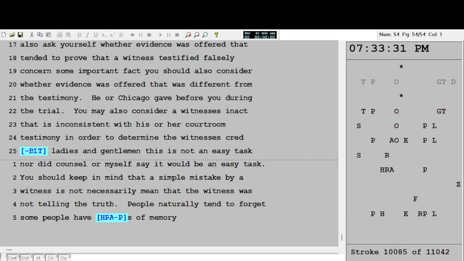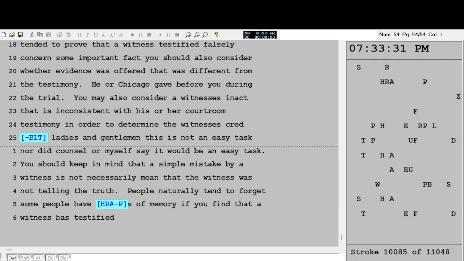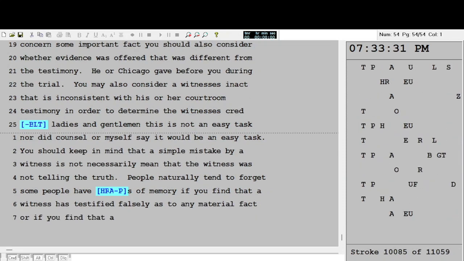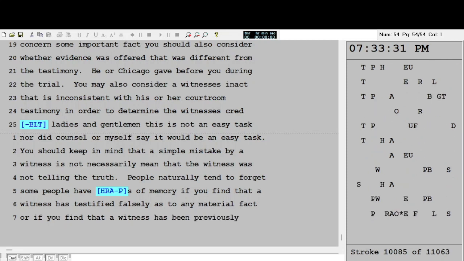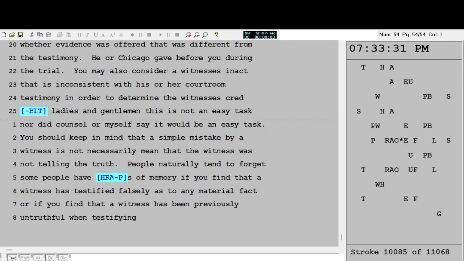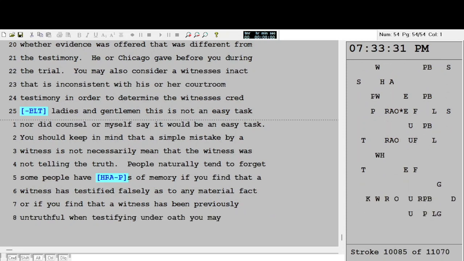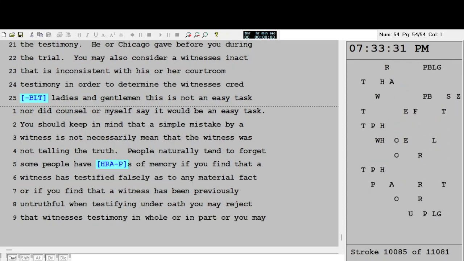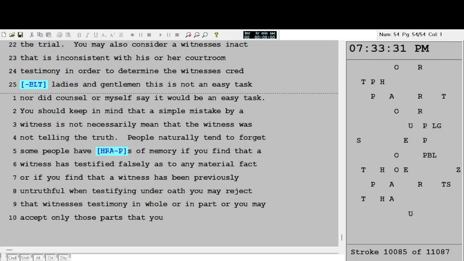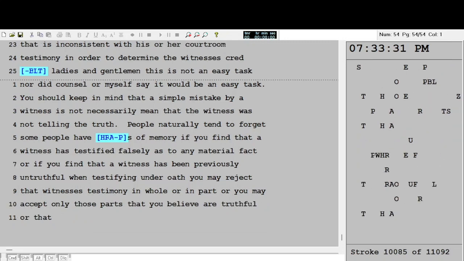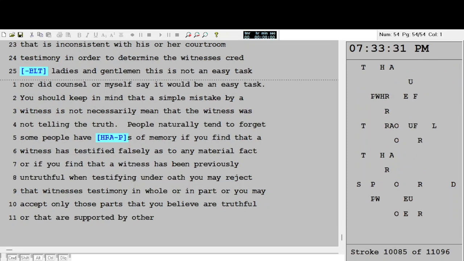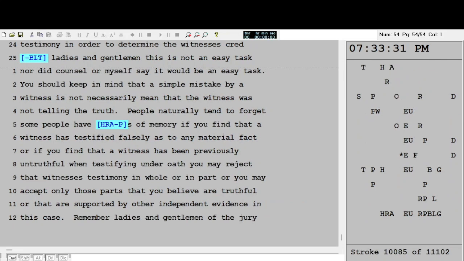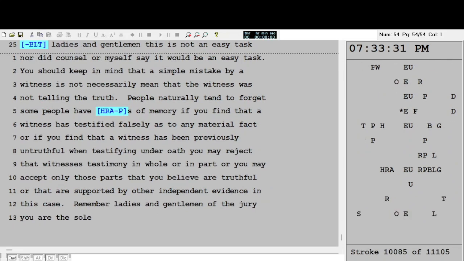If you find that a witness has testified falsely as to any material fact, or if you find that a witness has been previously untruthful when testifying under oath, you may reject that witness's testimony in whole or in part, or you may accept only those parts that you believe are truthful or that are supported by other independent evidence in this case. Remember, ladies and gentlemen of the jury, you are the sole judges of the credibility of the witnesses.